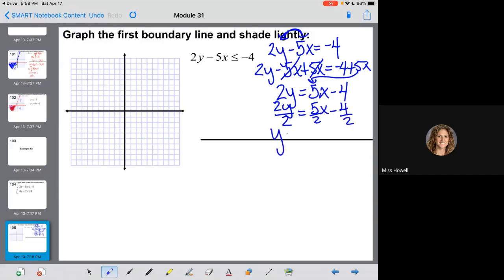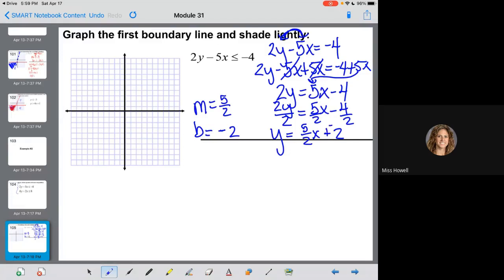So y equals 5 halves. It needs to stay as 5 halves because it's our slope. So no mixed numbers there, like no 2.5 or 2 1/2. Slope needs to be one big simplified fraction. And then our y-intercept here of -2. All right, we could do plus -2 if you want to see that.